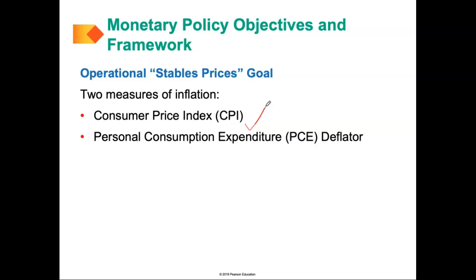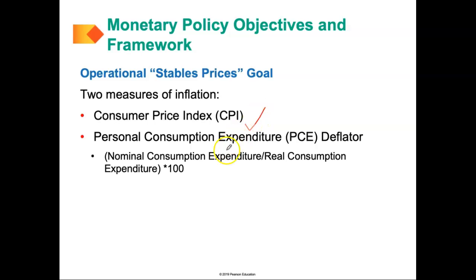So basically for a year, what people consumed and what their average prices were. The PCE deflator is calculated as nominal consumption expenditure divided by real consumption expenditure times 100. Real consumption expenditure is the consumption expenditure which has been accounted for inflation.